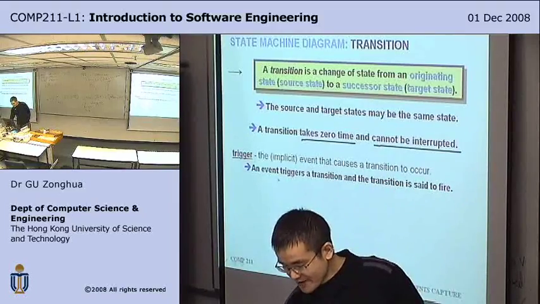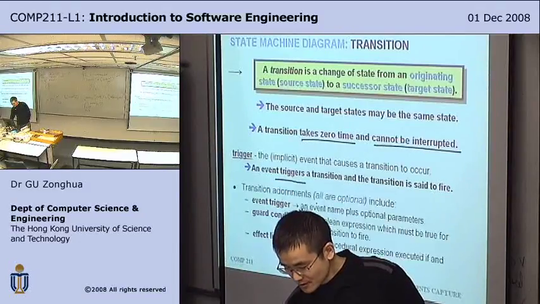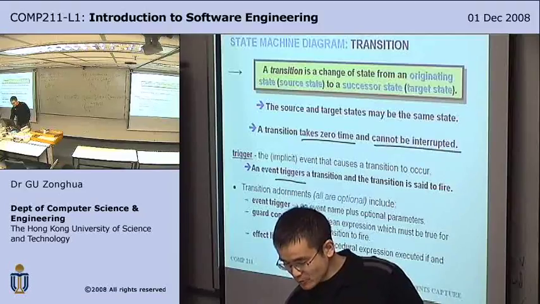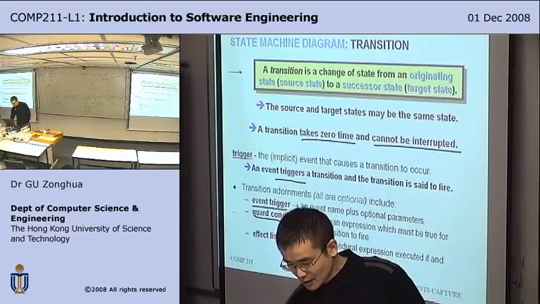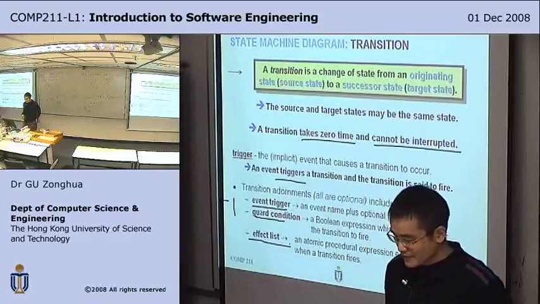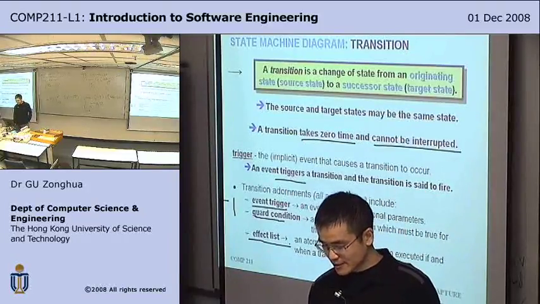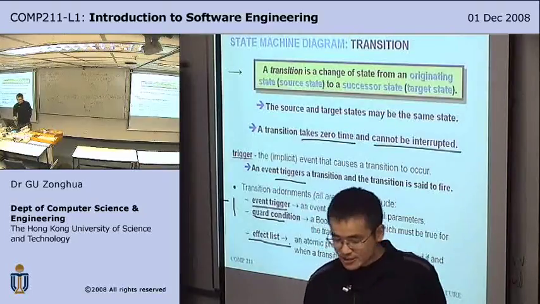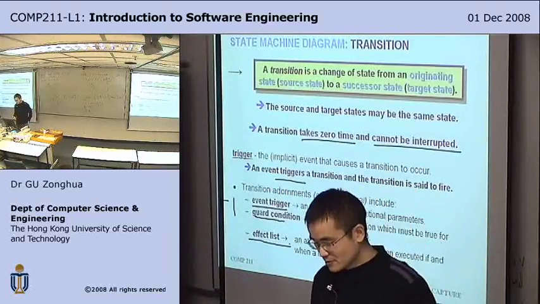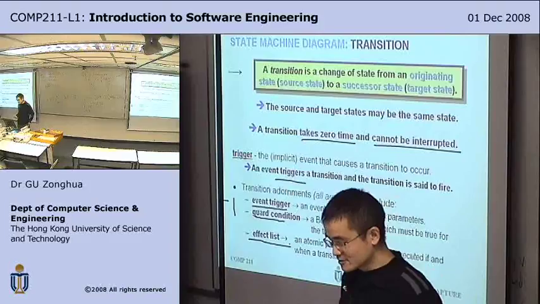So, event trigger. A transition may be triggered by an event with a guard condition, which uses square brackets, and an effect list. That's the invocation of some operations, or you can write arbitrary code in the effect list.